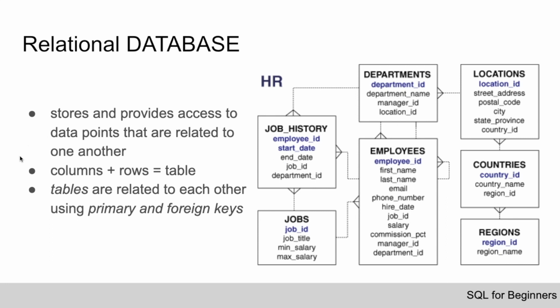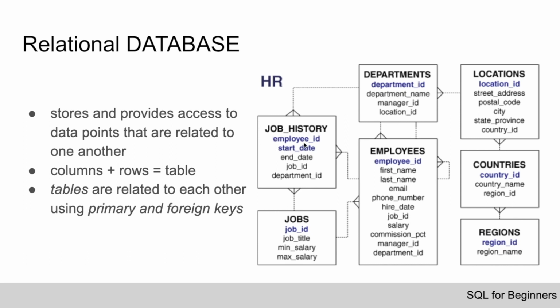So columns plus rows would equal a table, right? And then many tables related with each other is a relational database. And how are they actually related, because these are separate tables with different information? Let's look at these columns.